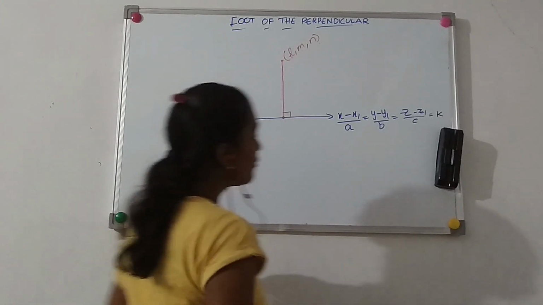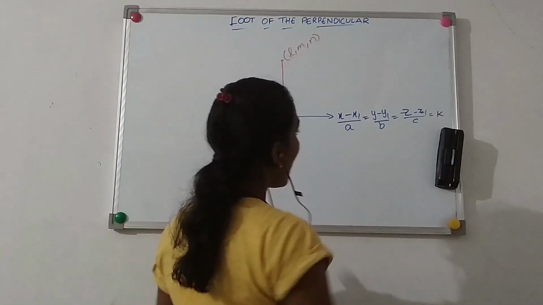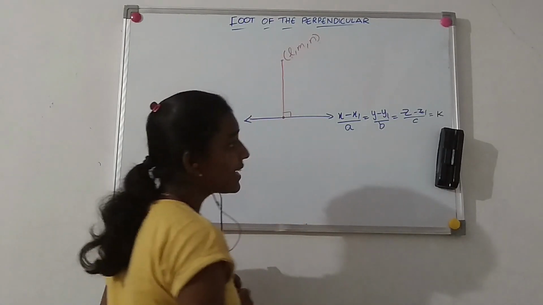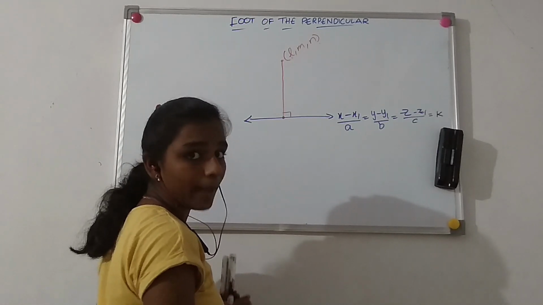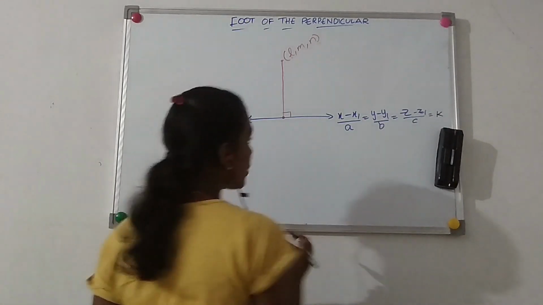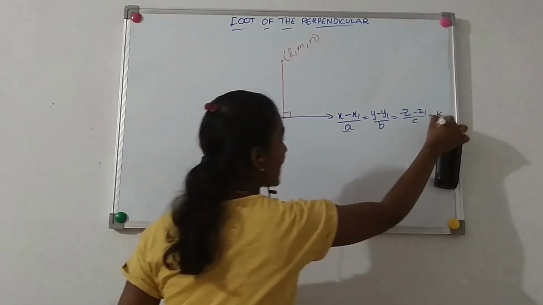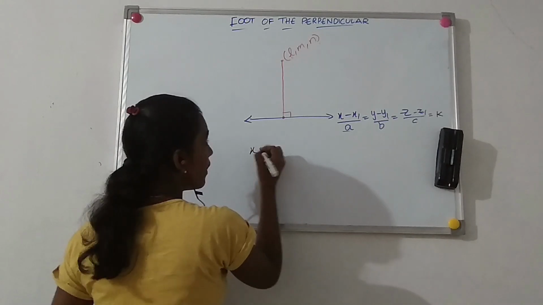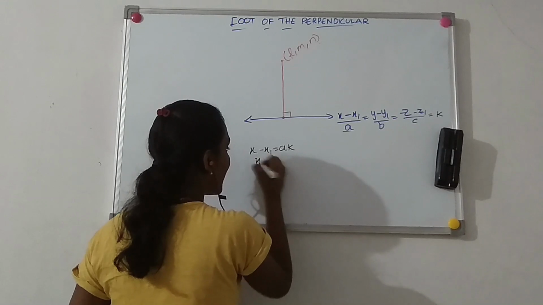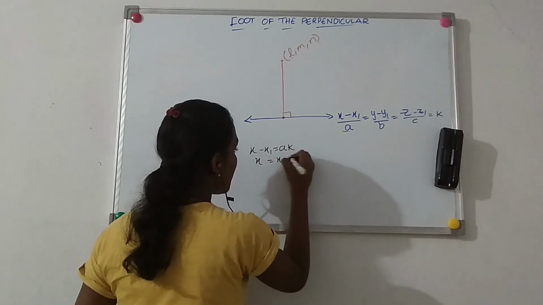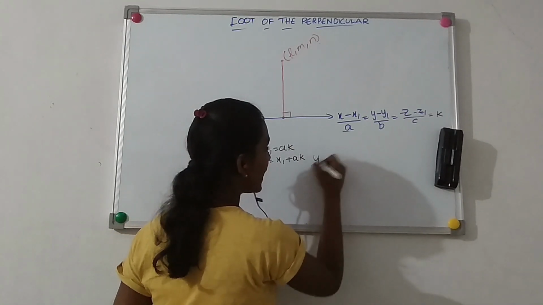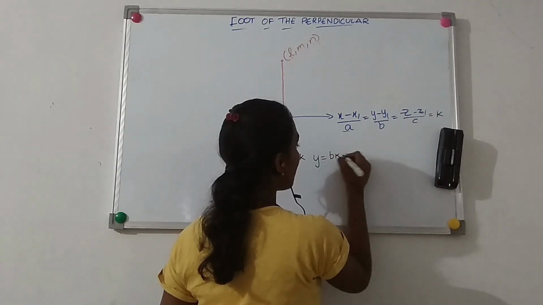Okay. So now what must I do? I must just find the values of x, y and z in terms of k. Okay. How do I do that? If I take this and the constant, I get x minus x1 equals to ak, and my x is equal to x1 plus ak. Am I right? Now let me find y in the same way. I get y equals to bk plus y1.